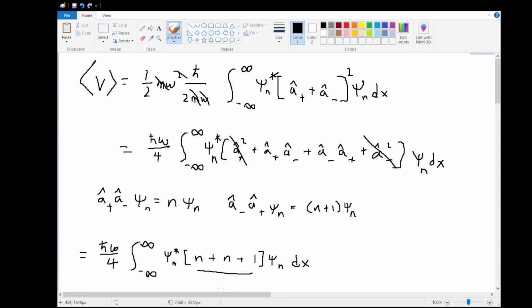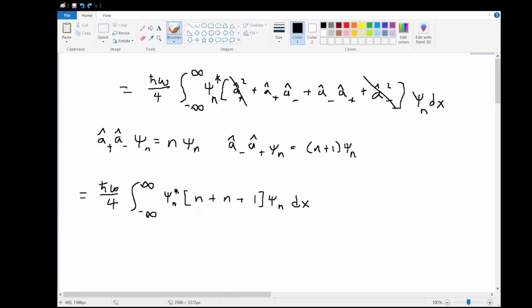This is a constant, so we can just move it outside of our integral. So we're left with psi n star times psi n. And since psi n is by definition normalized, this integral just goes to 1. So we're left with h bar omega over 4 times 2n plus 1.